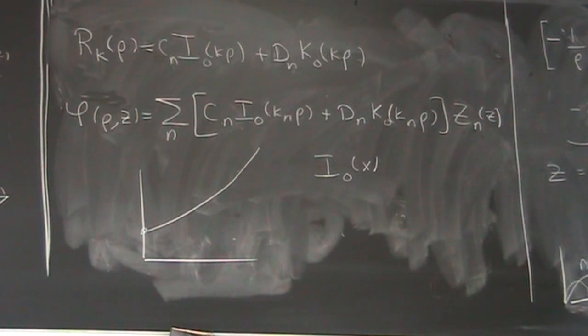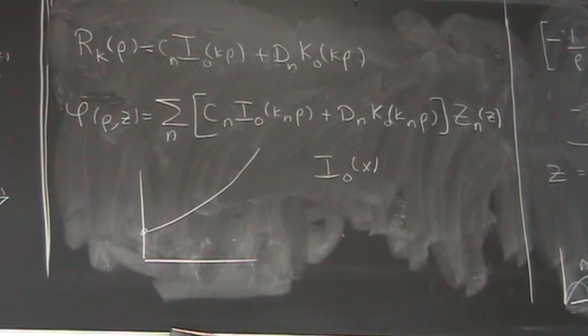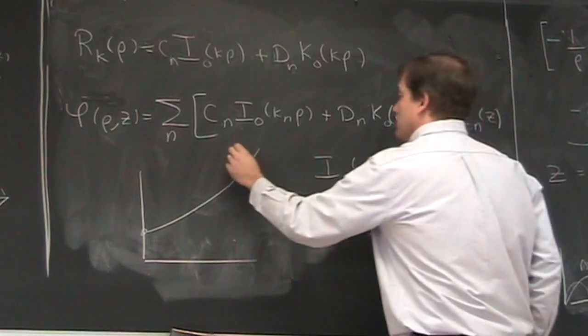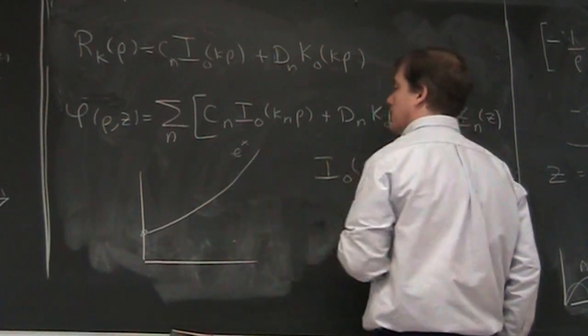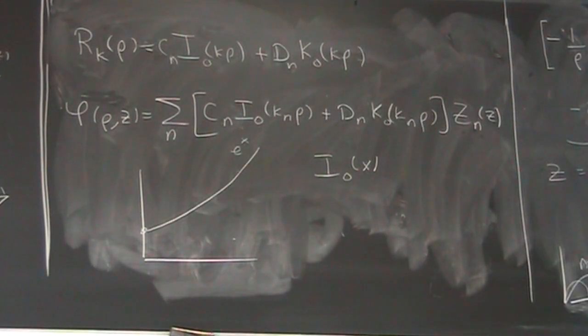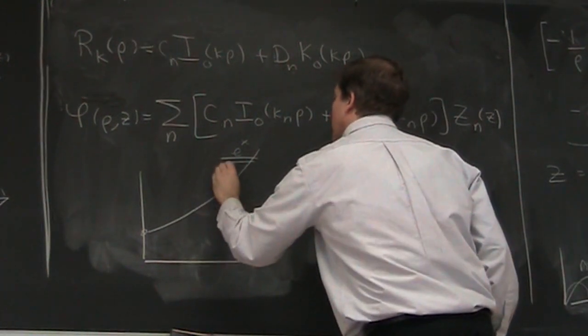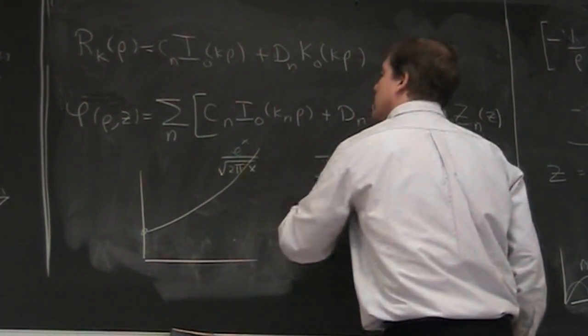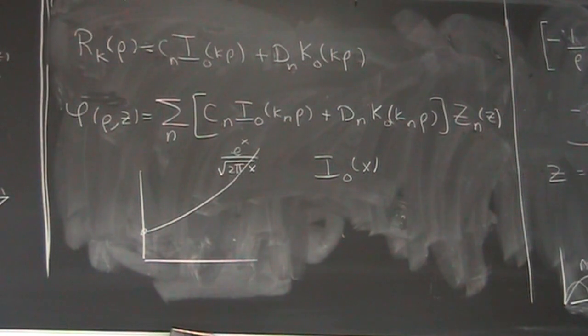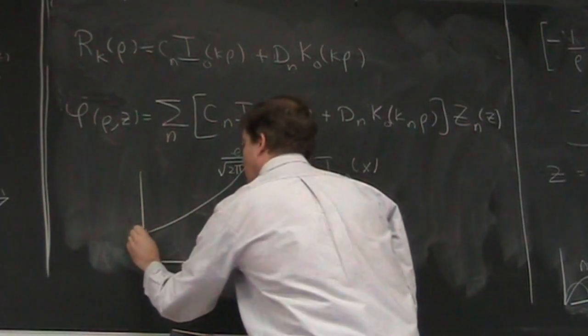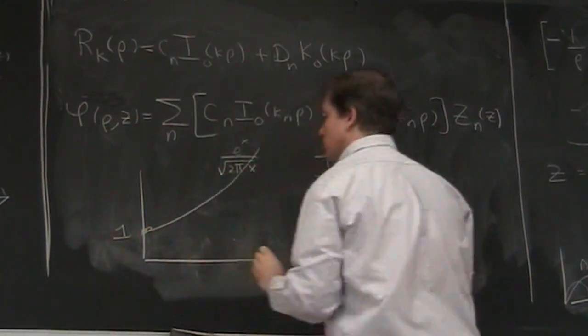Its asymptotic form we can write down: e to the x over the square root of 2 pi x. So it grows like this. At small argument, it approaches a constant, which is 1.